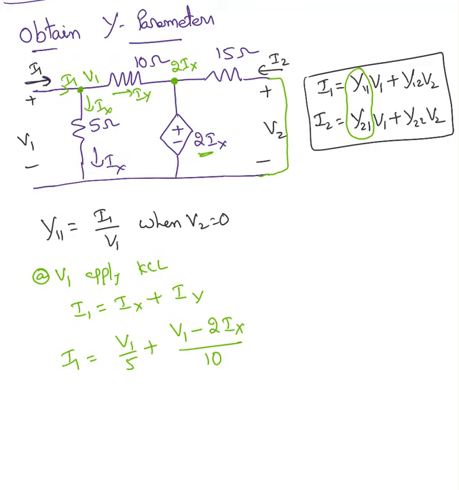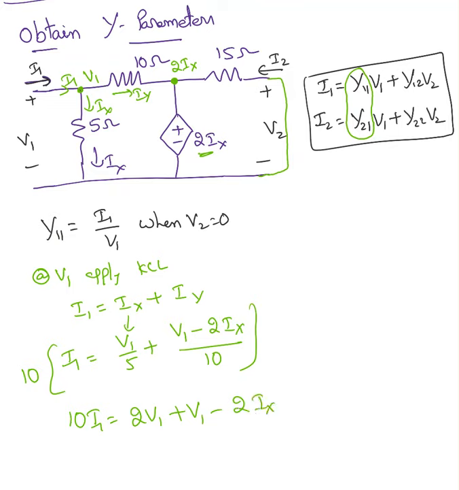So all I need to do is get rid of this Ix, but I already have Ix is nothing but V1 over 5, so I need to substitute it there. First I'm going to multiply this with 10 to eliminate the denominator. So 10 I1 equal to 2V1 plus V1 minus 2Ix.